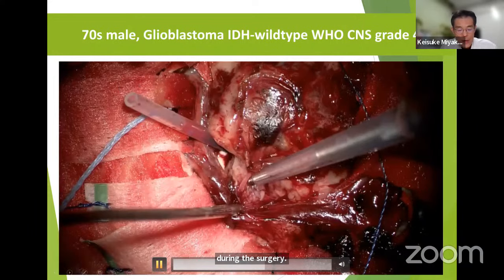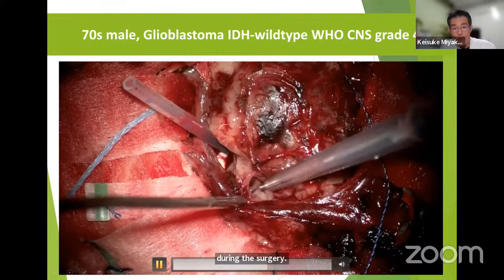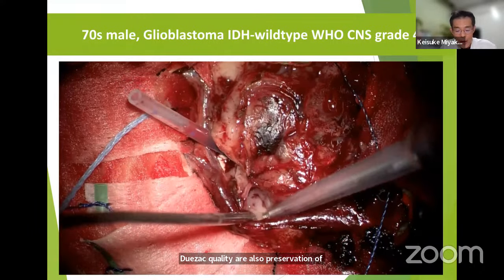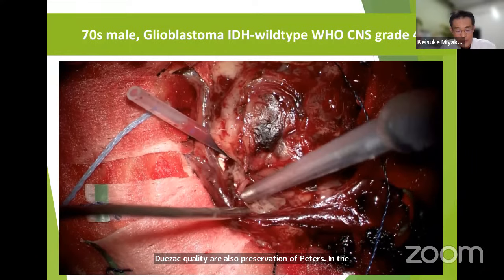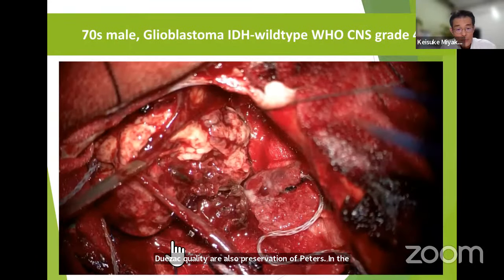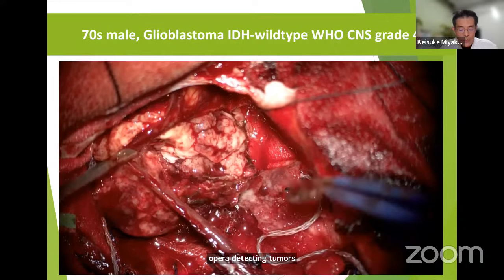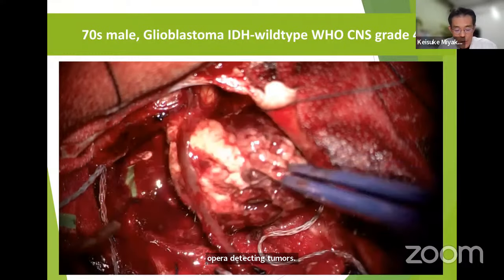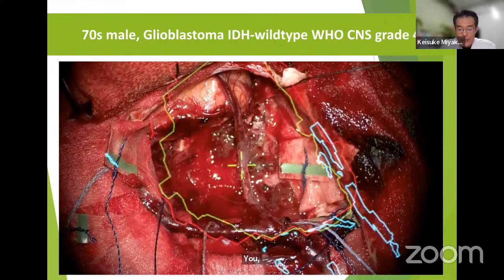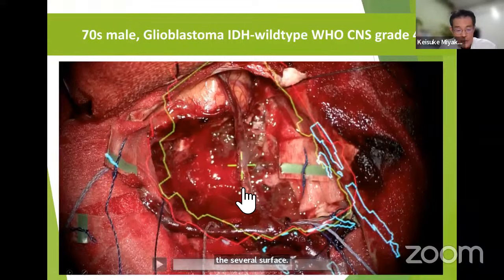Fluorescence clarity allows the preservation of feeders while detecting tumors. Ultimately, the feeders are coagulated and cut, preserved in the several surface veins, and the tumor is excised as a single piece.